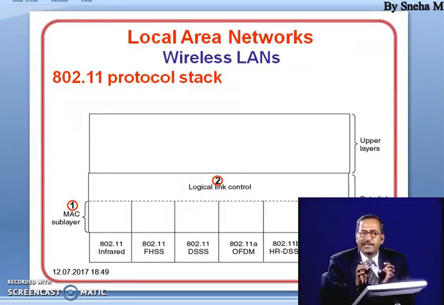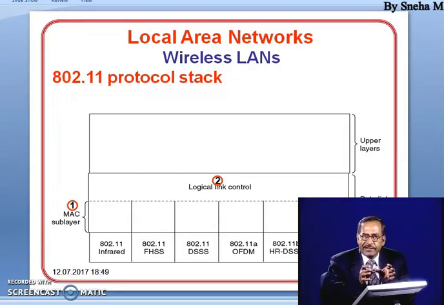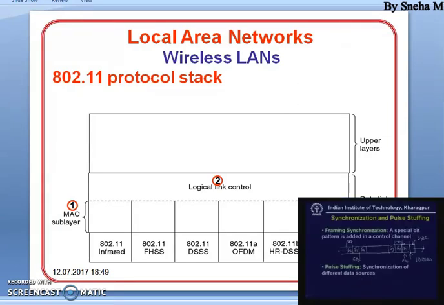In this particular slide, you can see the IEEE 802.11 protocol stack. As you can see, the upper layers are not explained here because we are concentrating only on the data link layer and the physical layer. So the data link layer is divided into the logical link control and the media access control sublayers.